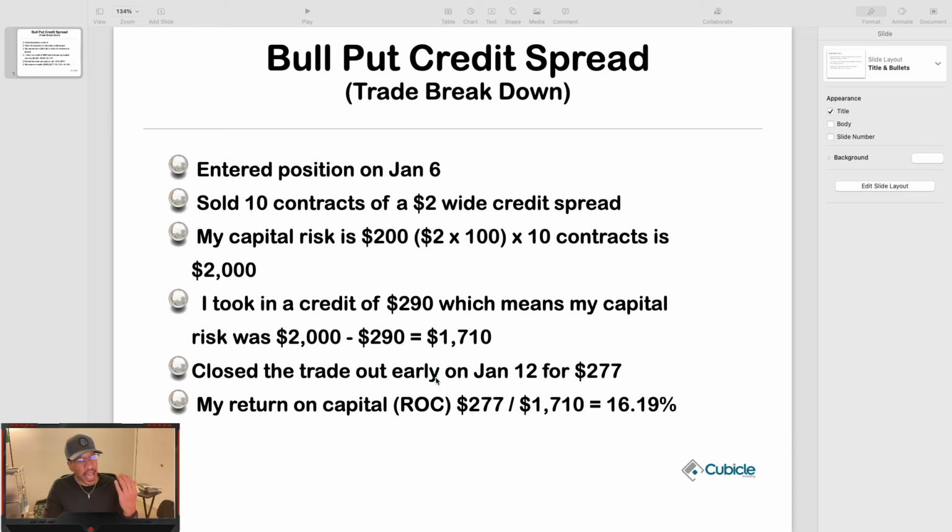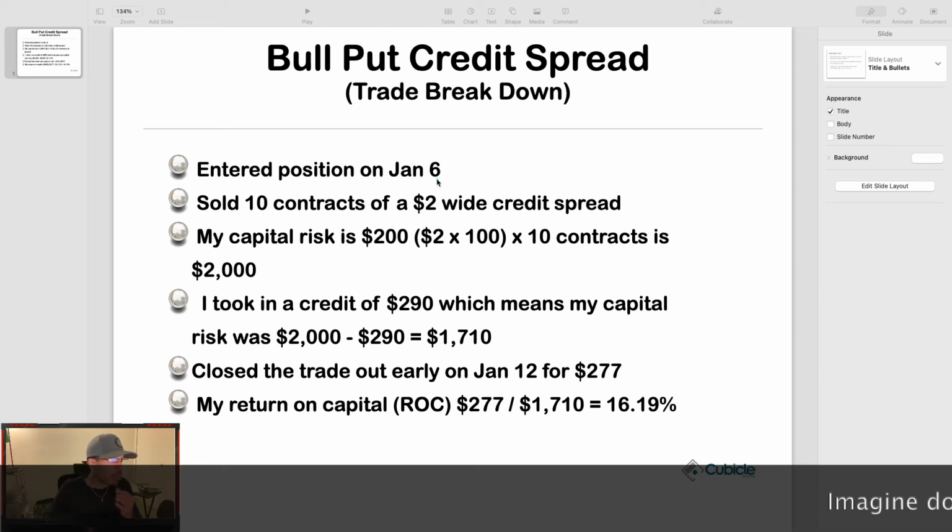The expiration date was January 14th, but I closed it out 2 days early and walked away with $277. When you do the math on the return on capital, it was a little over 16%.